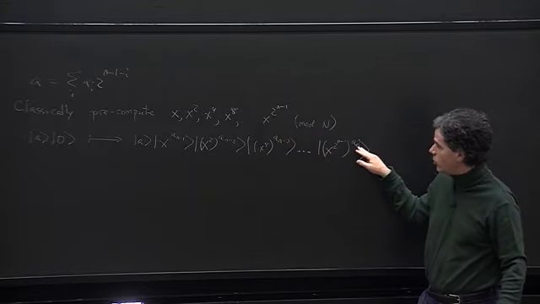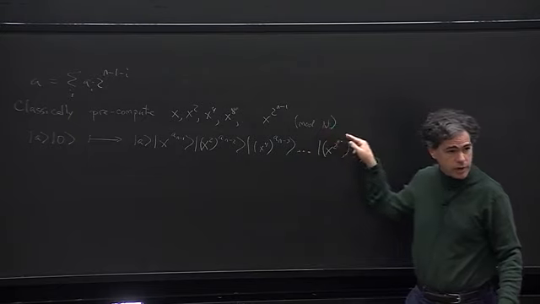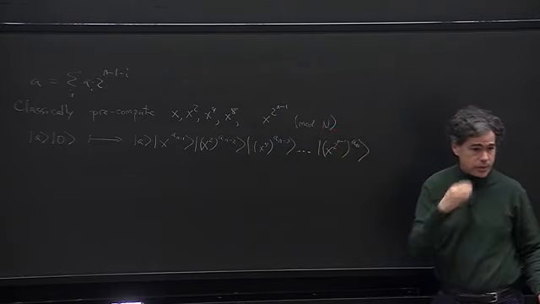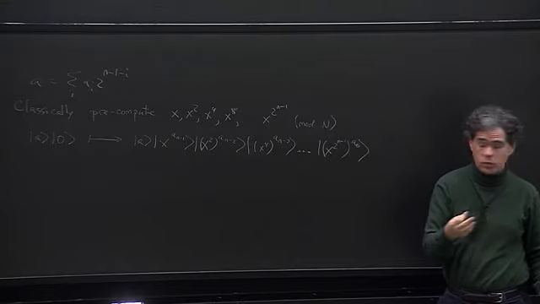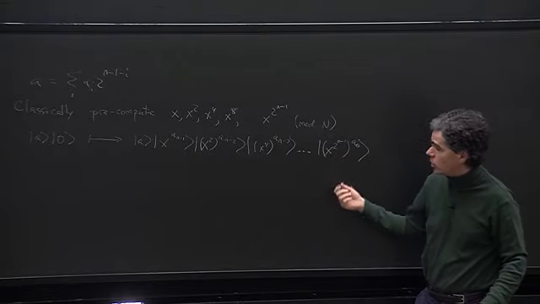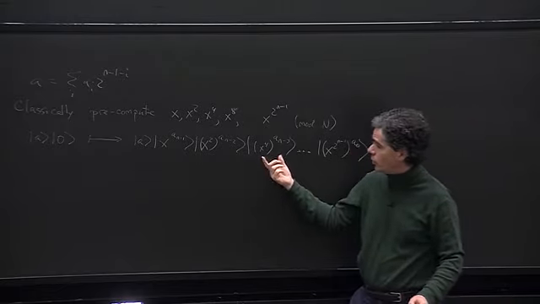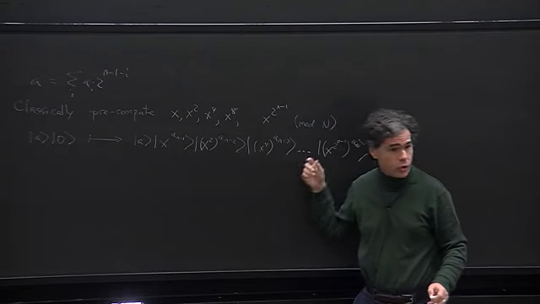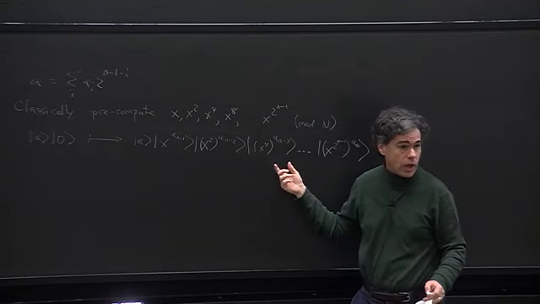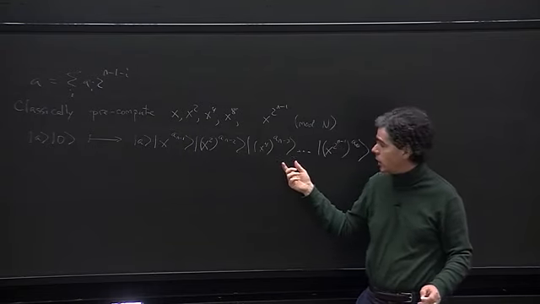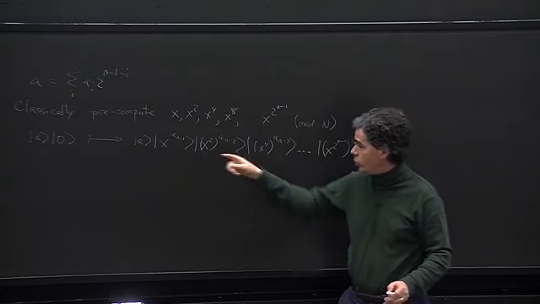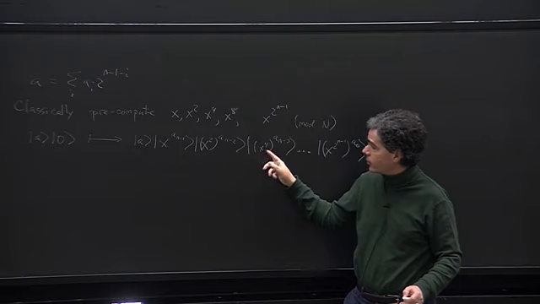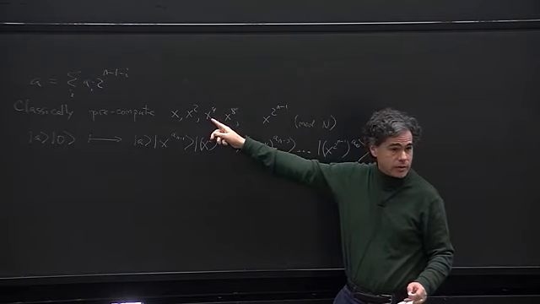But each of these exponents a_i is a bit, right? It's either 0 or 1. So really all I'm saying is, to fill in this one, it's some controlled NOTs. We'll do a controlled NOT whenever x to the fourth has a non-zero bit.